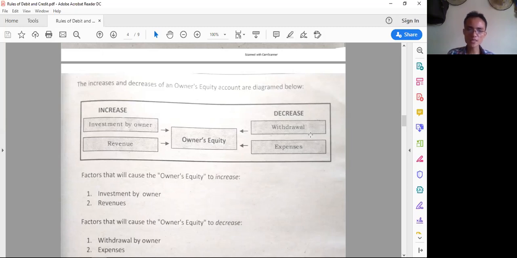In business perspective, they can also withdraw other assets, non-cash assets. Just like, for example, if we get inventories from the business, like if this is a sari-sari store, that is the business. If we get, for example, a can of sardines for our personal consumption, then in that case, that is a withdrawal, but not cash. So that's a minus to equity.